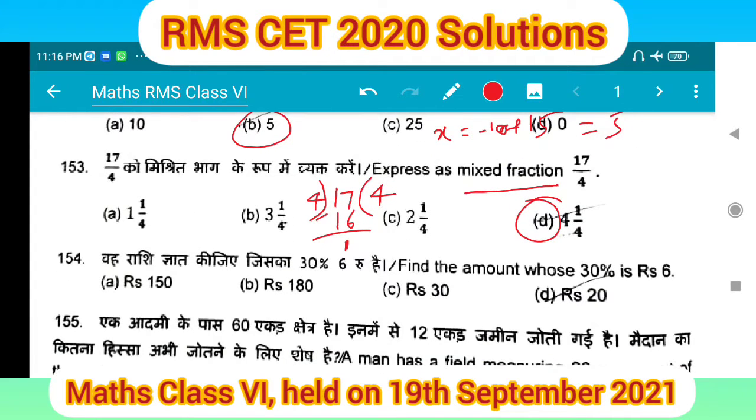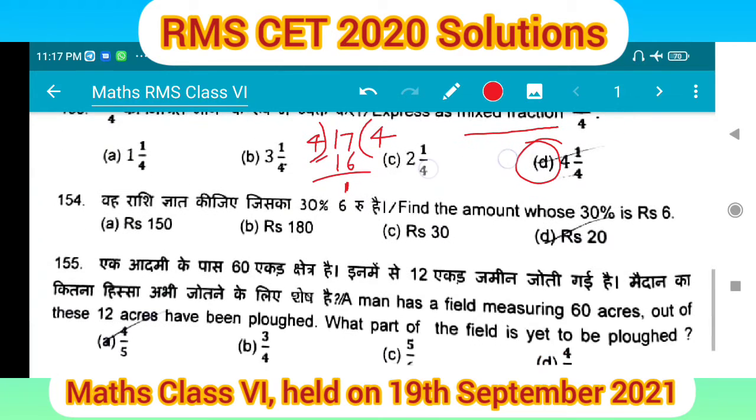Next, find the amount whose 30% is rupees 6. Let the required amount be x.